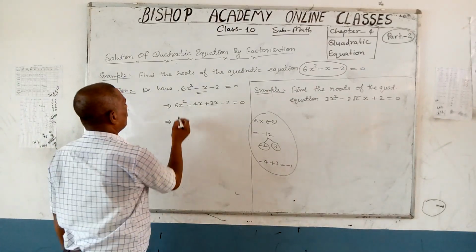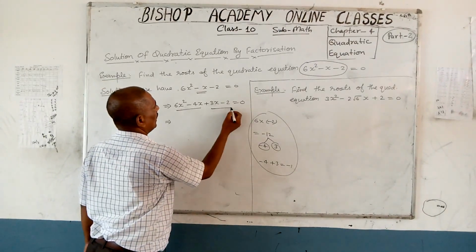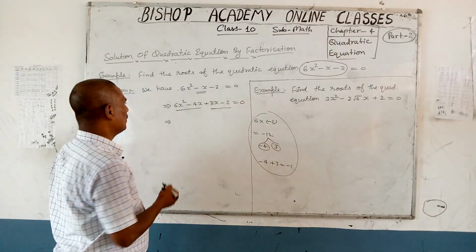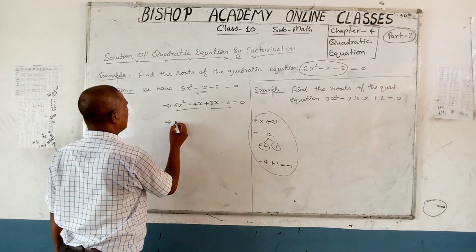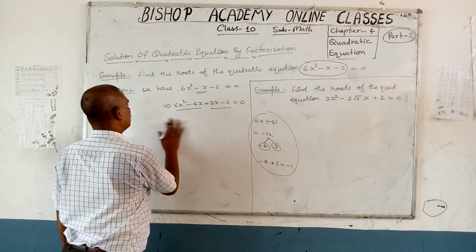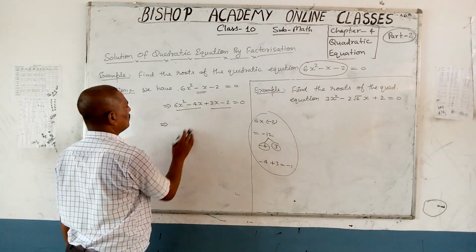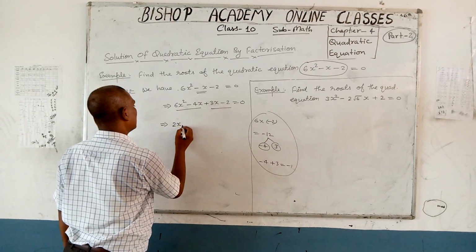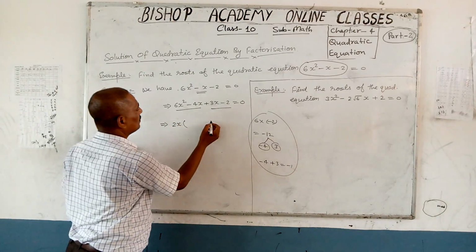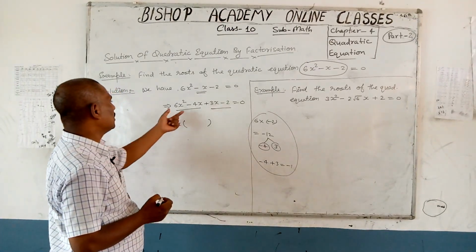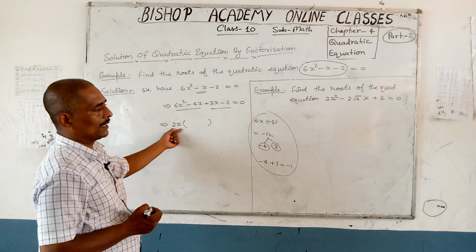Now, pairing the first and second terms together and the last two terms together, factorize. You see that 2x is a common factor in the first two terms. So write 2x as a common factor, and in the bracket, you will write the result of dividing the first and second terms by this common factor 2x.